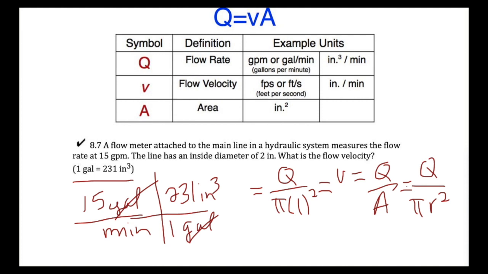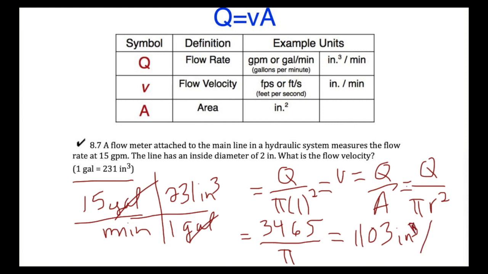So I take 15 times 231 to get my flow rate, my Q. Okay, I'll do that real quick. 15 times 231, I get 3,465 over pi r squared, and 1 squared is 1, so it'd actually be over pi. Okay, and if I do that, I get like 1103. This would be inches per minute, because I was solving for the velocity.